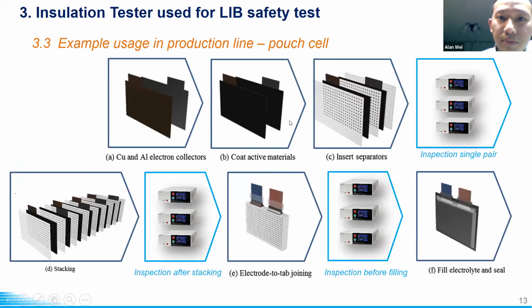For the pouch cell, we suggest customers check the single pair, and then after the stacking, they can also do an inspection check. And before filling the electrolyte, they can do it again. So the example here is we suggest our customer use the station to test the IR.